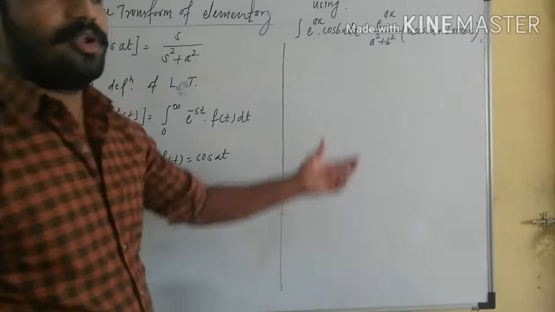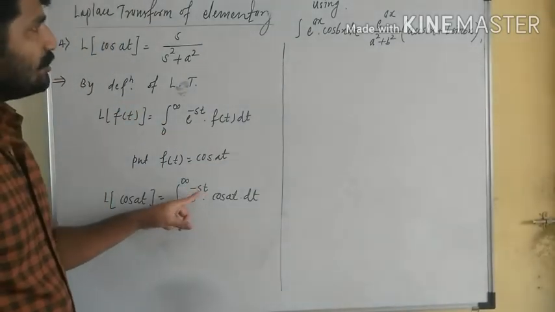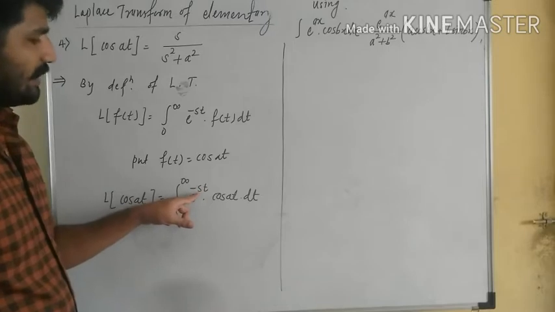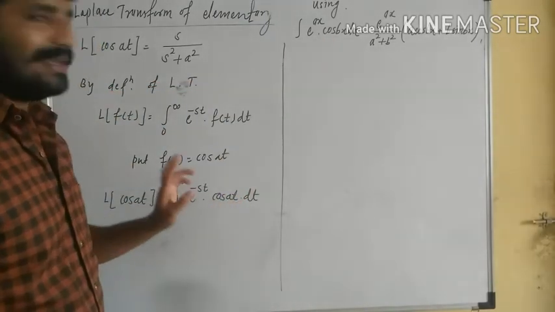So using this formula, here e raised to minus st, so instead of a we write minus s, and here cos at, so instead of b we write a.